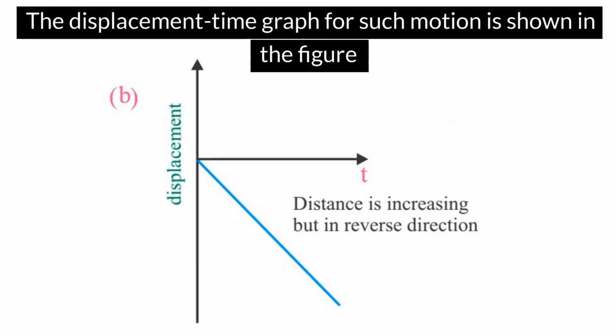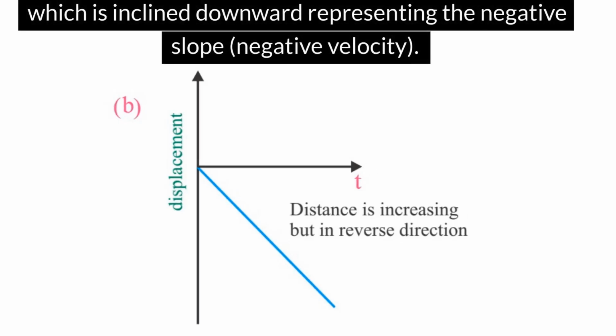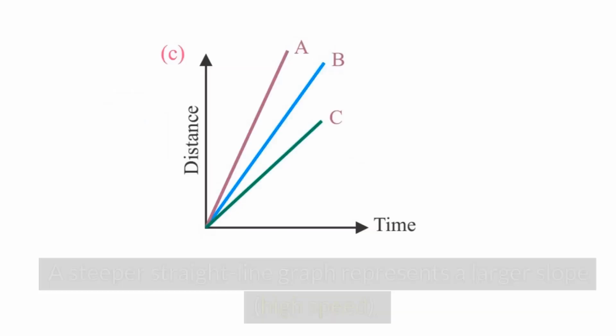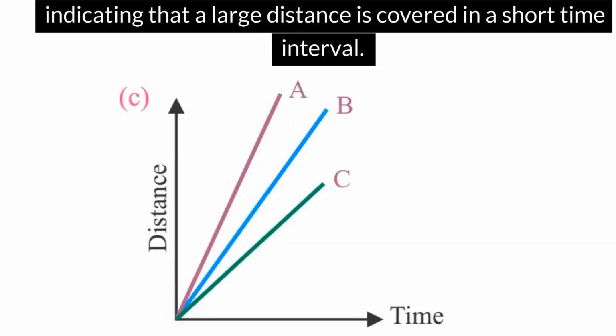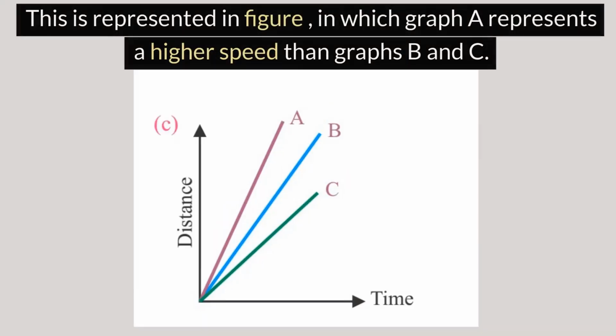The displacement time graph for such motion is shown in the figure, which is inclined downward, representing the negative slope, negative velocity. A steeper straight line graph represents a larger slope, high speed, indicating that a large distance is covered in a short time interval. This is represented in the figure, in which graph A represents a higher speed than graphs B and C.